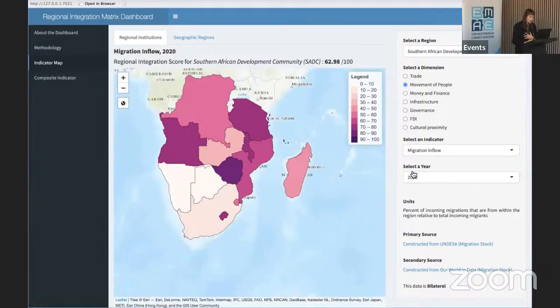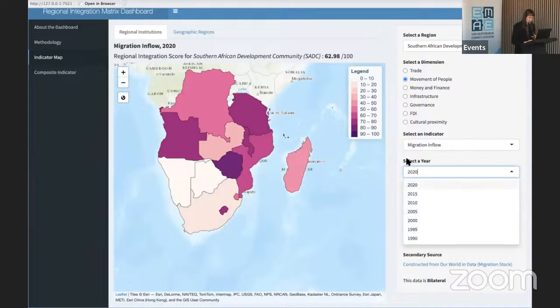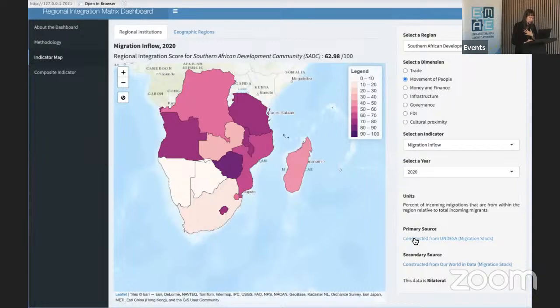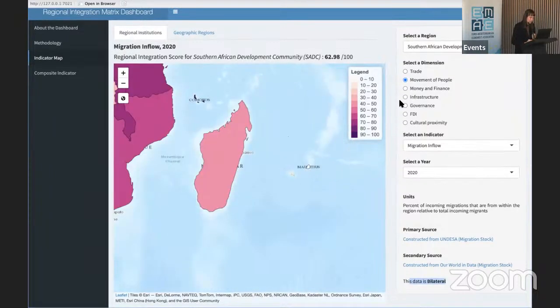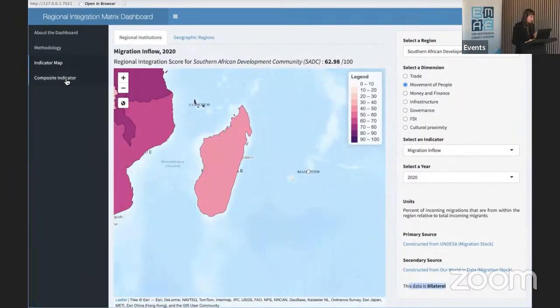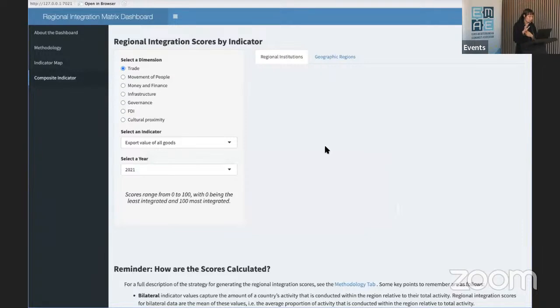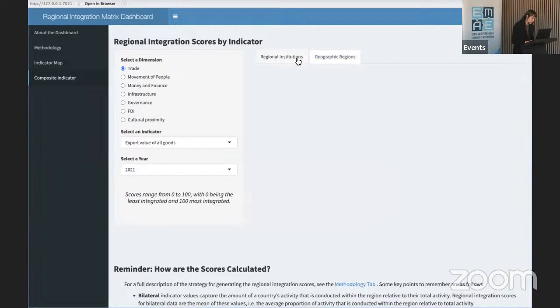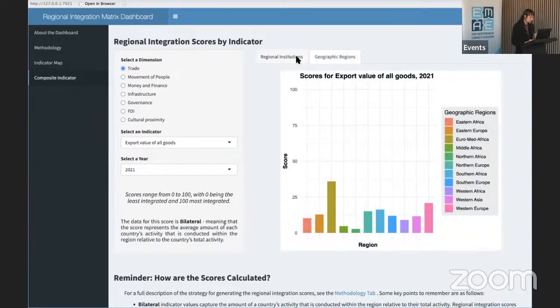You can move between the different years and between the different indicators. It links the sources, and it tells you the type of data that we're dealing with. The last part of the dashboard I want to show you is the composite indicator. In the top part here, we can switch between geographic and regional institutions.